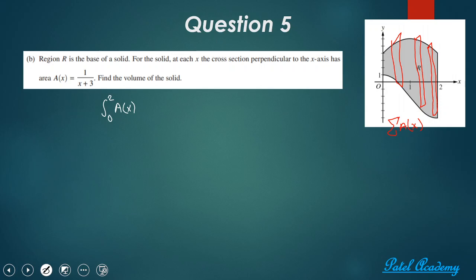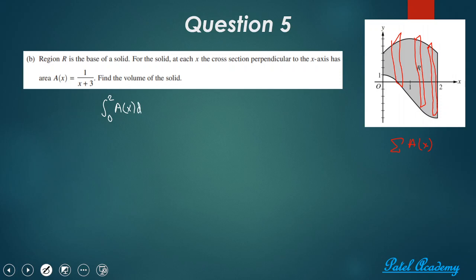And so, sorry, I'm going to write that down just below so that it's a little easier to read. So we're taking the sum of A at x. And so what is that? Well, that's just the integral of A at x, the infinite sum.